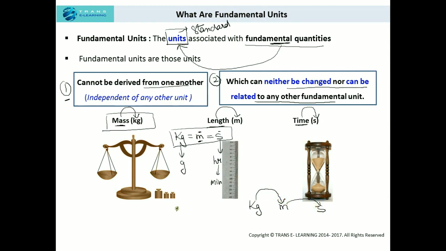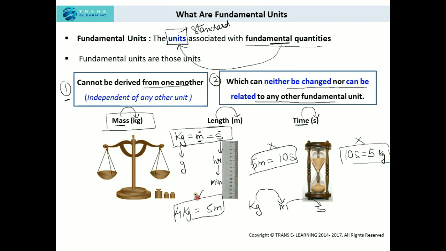I cannot write 4 kg is equal to 5 meter, or I cannot write say 5 meter is equal to 10 second, or I cannot change 10 seconds to say 5 kg here. No, I cannot do that. None of them are possible. So they are not related to each other. They cannot be changed into one another.